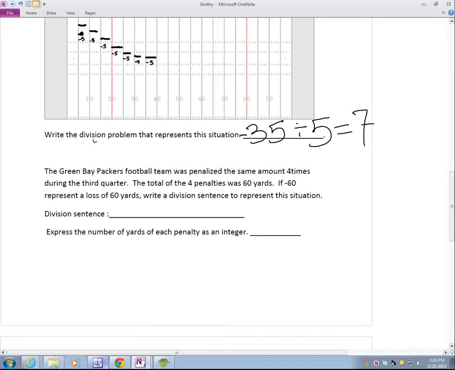All right, you can have 2 offsides, 2 holding calls, 2 pass interference, and 1 too many men on the field. You do -35 divided by -5. There you go. Good, because they lost 35 yards.